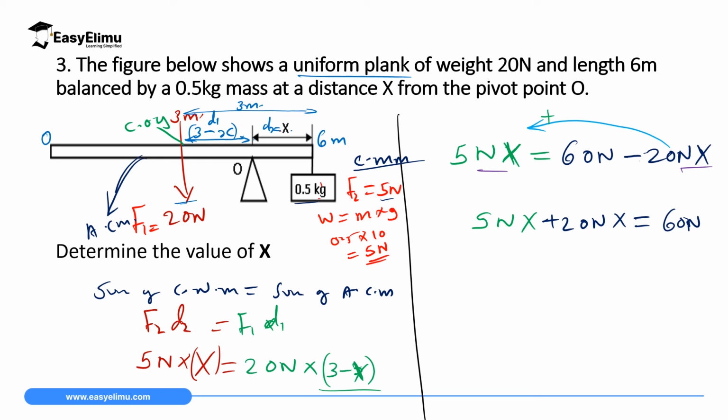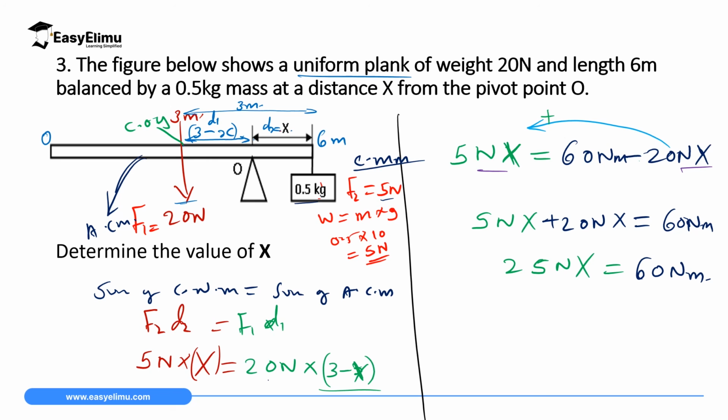Remember, when we multiplied 20 Newton times 3, it gives Newton meter, so it's 60 Newton meter. Then 5 Newton x plus 20 Newton x gives us 25 Newton x, which equals 60 Newton meter.